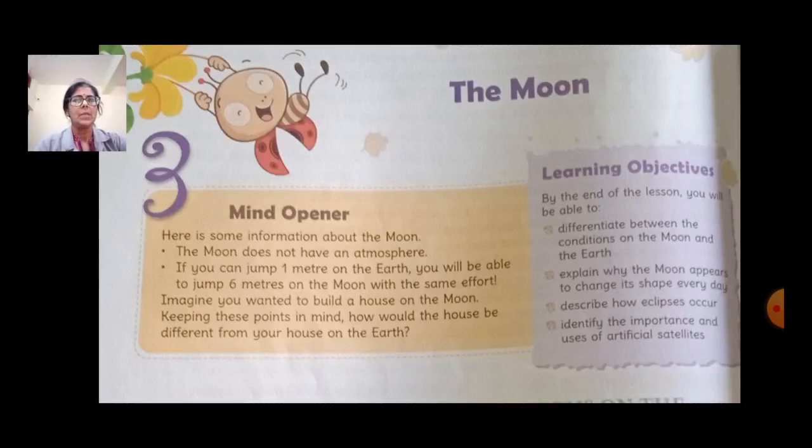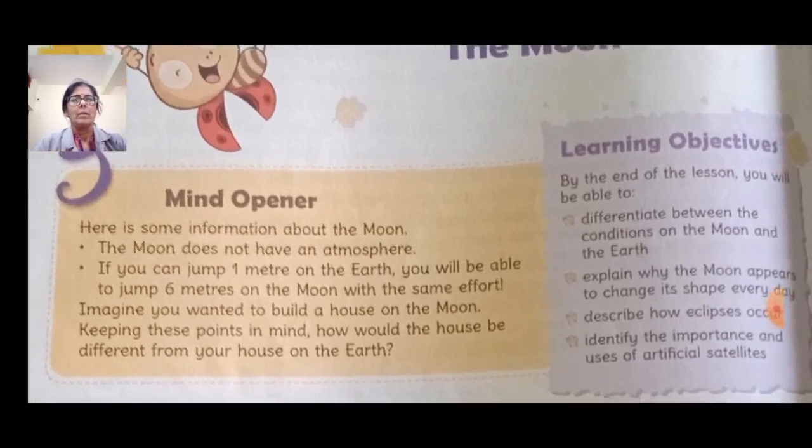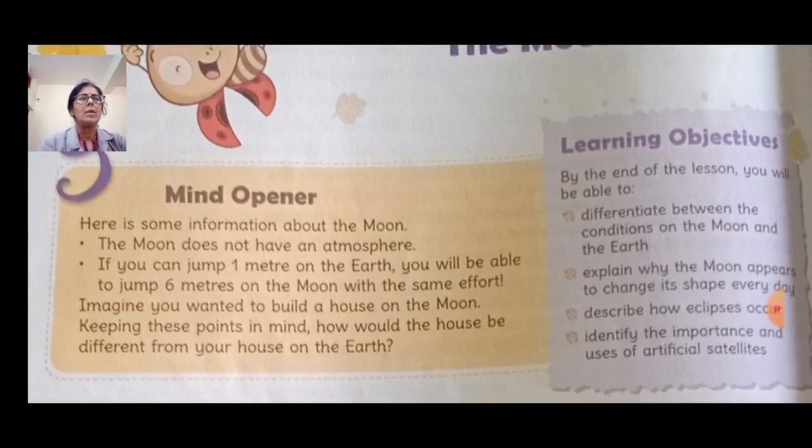Our today's subject is science. So now we will start our third chapter of the science, the moon. By the end of this chapter, you will learn the difference between the condition on the moon and the earth. You will come to know about the eclipse.